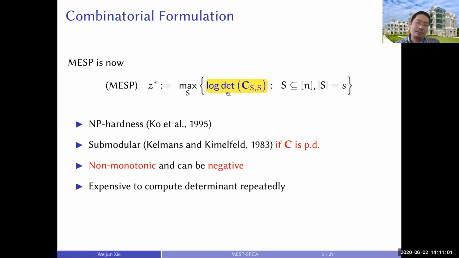And another thing you might be curious about is that it's also very expensive to compute the determinants. Even if we run the greedy algorithm to solve this problem with the log determinant function, at each iteration, when the number of sensors grows, computing the determinant takes a lot of time, because we have to compute this again and again, which is maybe not very desirable if you design a greedy algorithm to directly solve a very large scale problem.